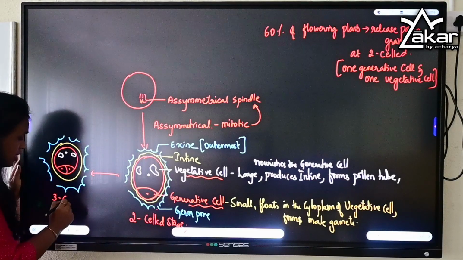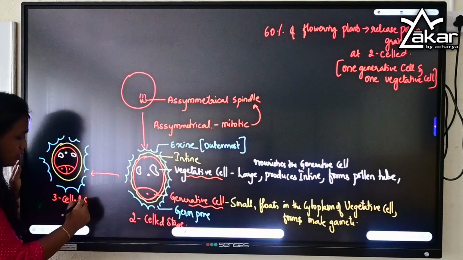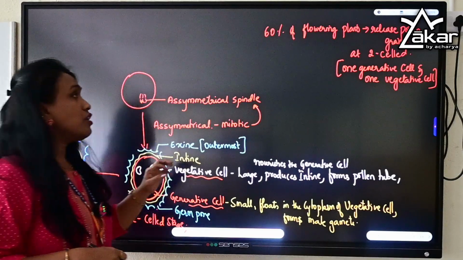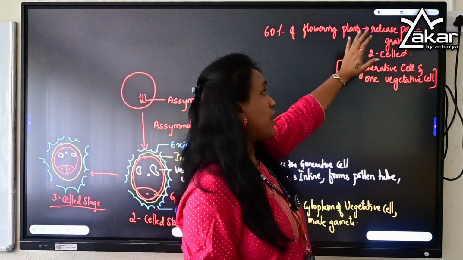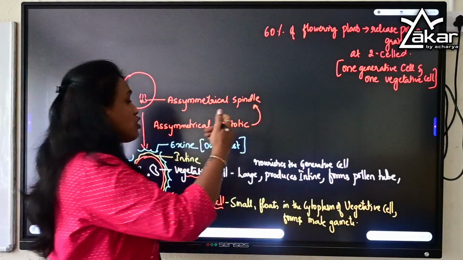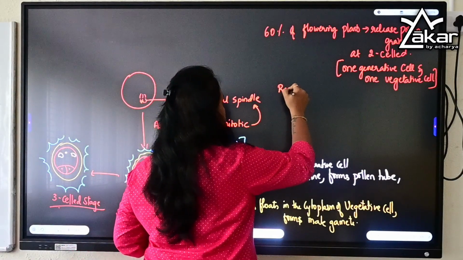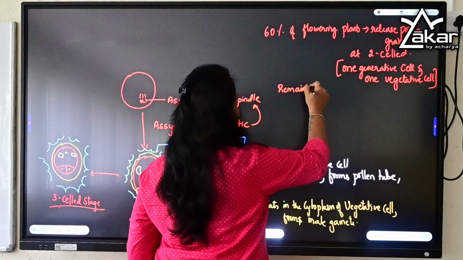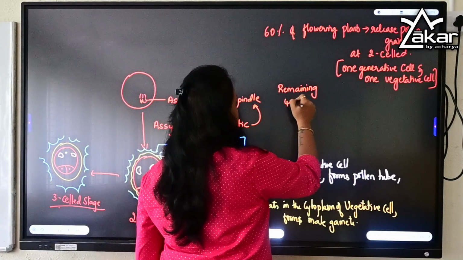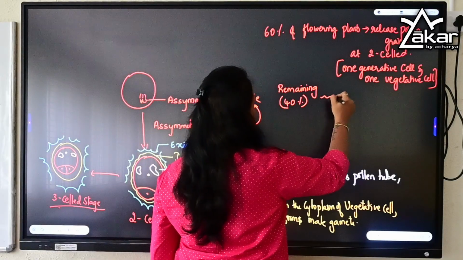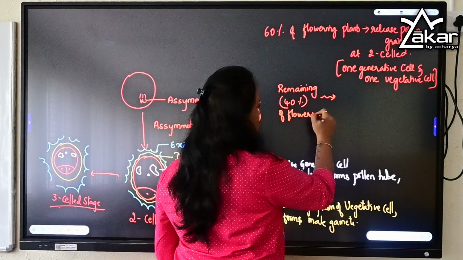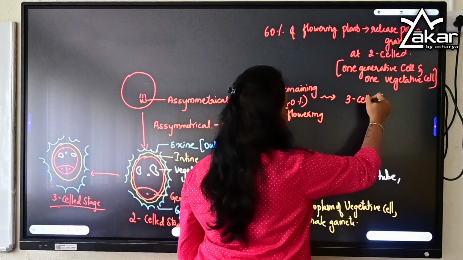This is the 3-celled stage. Our NCERT says 60% of the flowering plants release pollen grains at the 2-cell stage. The remaining percentage is 40%, right? So 40% of flowering plants release the pollen grains at the 3-celled stage.